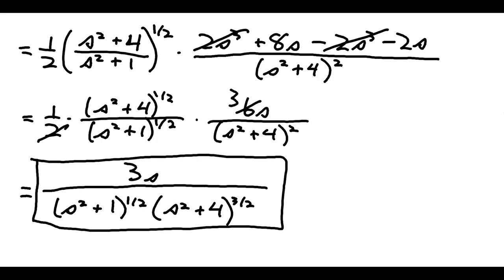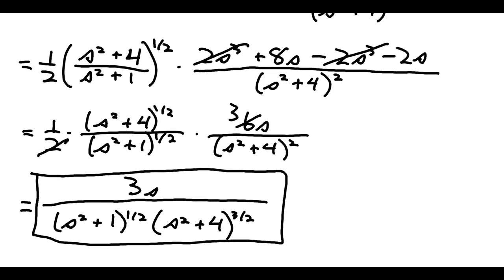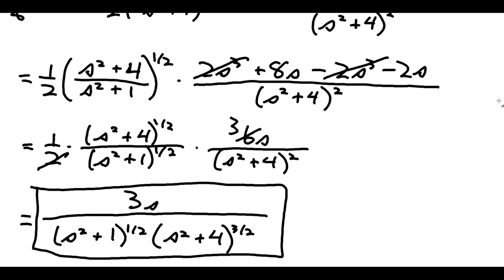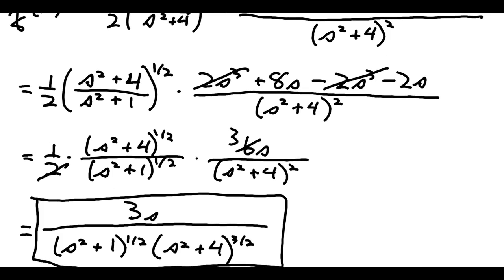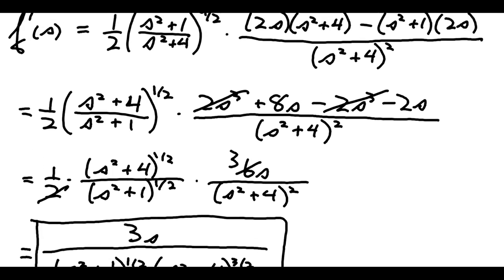So make sure that you're still comfortable with all of your algebraic rules in terms of dealing with fractional powers, fractions, rational expressions, all of that kind of business. We often want to simplify things as far as possible.